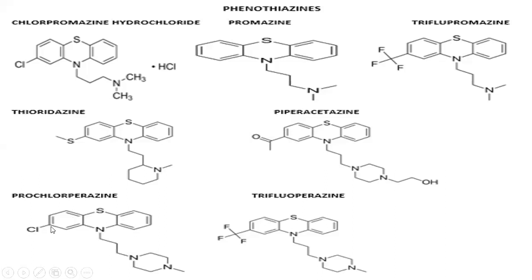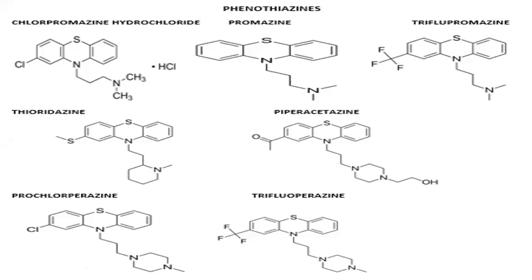The only difference is in prochlorperazine, the second position consists of the chlorine atom. Trifluoroperazine, in the second position, consists of the trifluoromethyl group. So these two are related to each other, whereas in piperacetazine there is an acetyl group. So this is about the structure of the different phenothiazines.